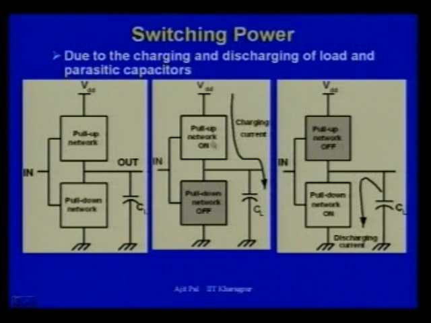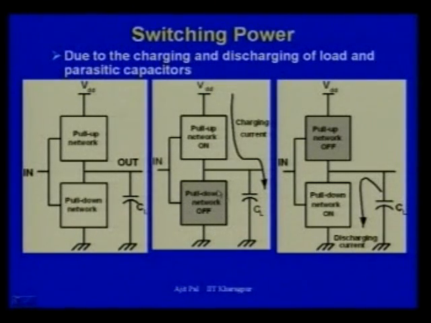And similarly, whenever output goes low from high, that means switches from 1 to 0, then whatever energy is being stored in the capacitor gets dissipated through this pull down network.